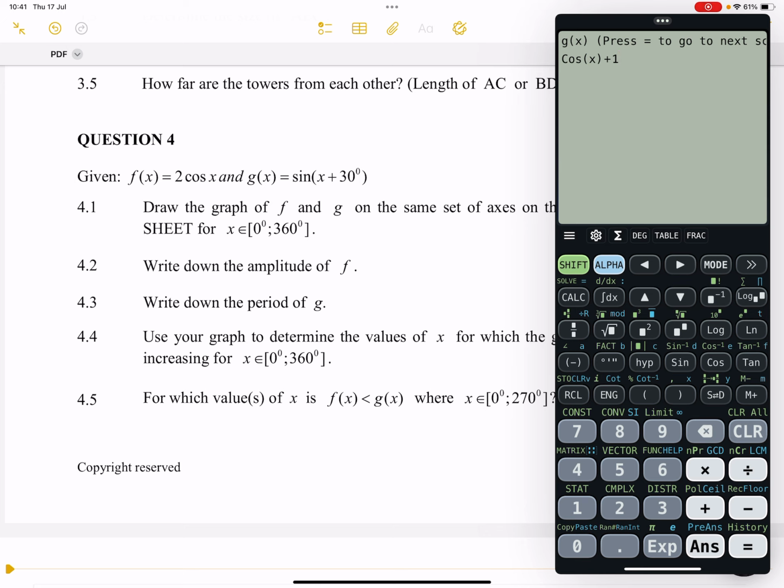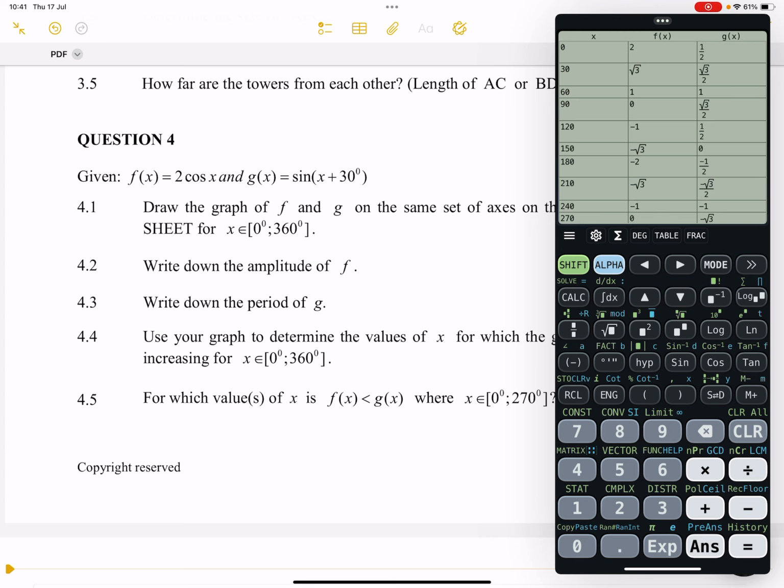And g of x is sine of alpha x plus 30. By the way, already by having this shift, it will determine the steps that we choose. So starting from 0 till 360, but the step that we'll choose is 30.